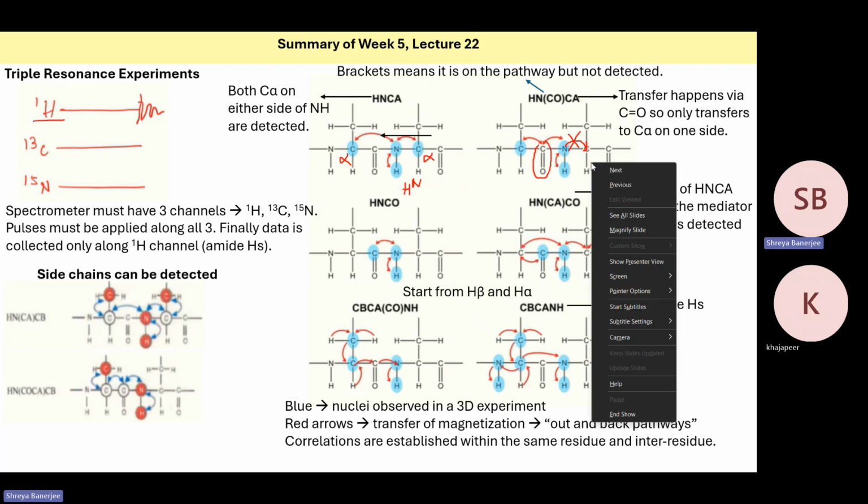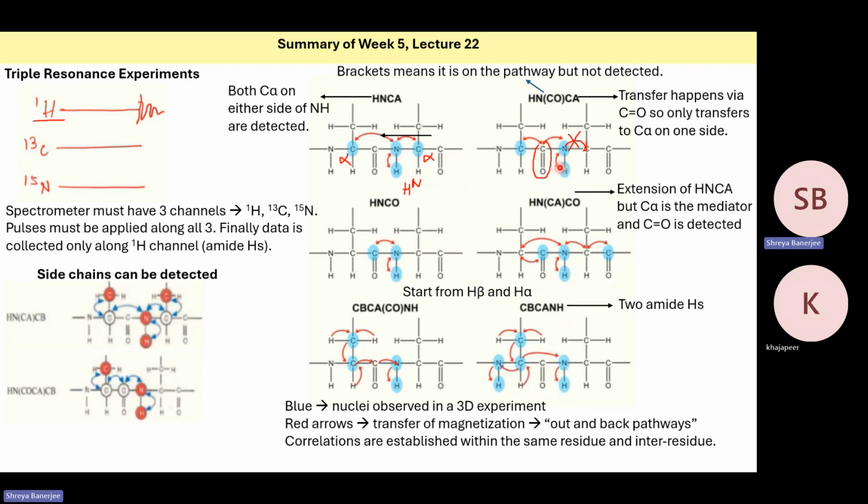It cannot transfer to the C alpha of the same residue. And this is called HNCOCA. So you can imagine this as an extension of the HNCA, but using the carbonyl as a mediator. The CO is written because it is on the pathway, but it is not detected. You can see it's not marked by a blue circle.